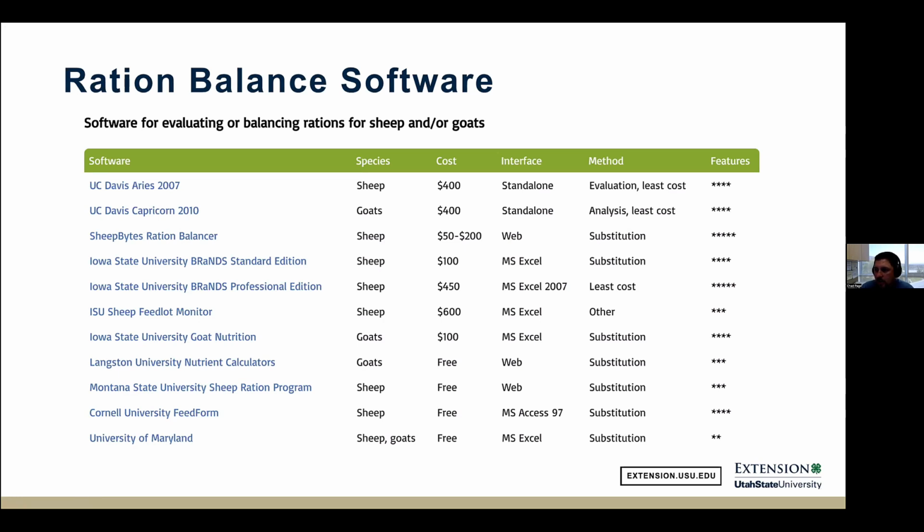If you want to look at the different nutrient requirements that we utilize for our sheep and goats, this is a really good place to go to plug in some of the numbers, like the nutrient quality of your pasture or the feed that you're giving to your animals. You can see that this is broken down by species, so we have both sheep and goats represented. Some of these programs cost money, but some are free. Montana State University has a free ration balancing software. These are good tools to utilize if you're just trying to get in the ballpark of what your animals truly need.